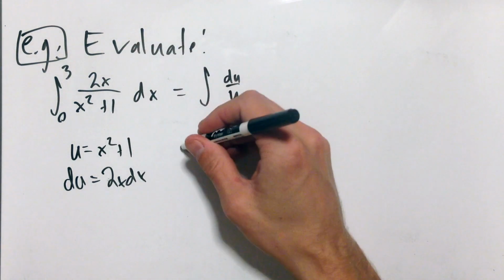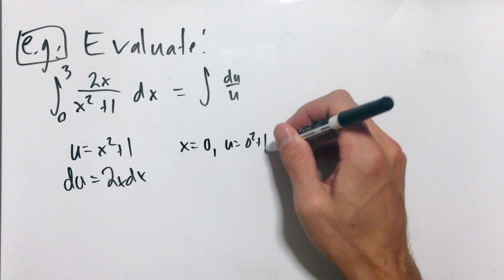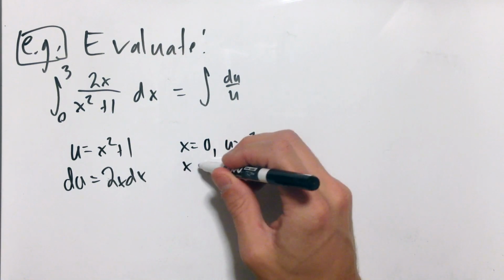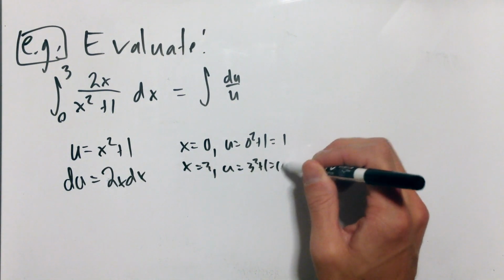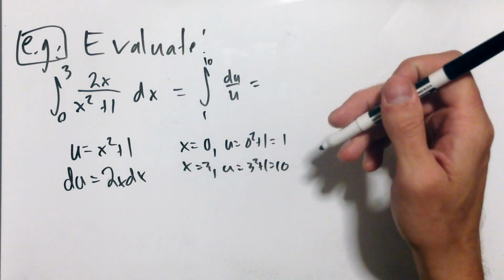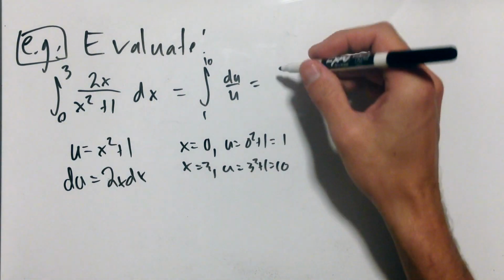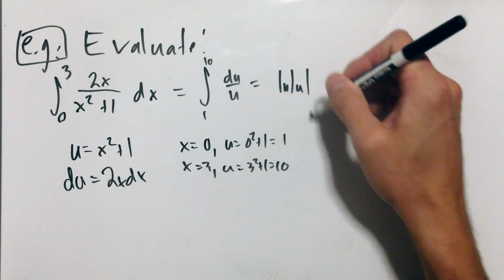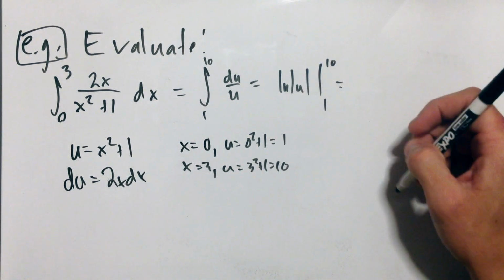And we have to replace our limits of integration. When x is equal to 0, then u is equal to 0 squared plus 1, which is 1. When x is equal to 3, u is equal to 3 squared plus 1, which is 10. So this goes from 1 to 10, and then we integrate. The integral of du over u is the natural log of absolute value of u, going from 1 to 10, and I plug in.